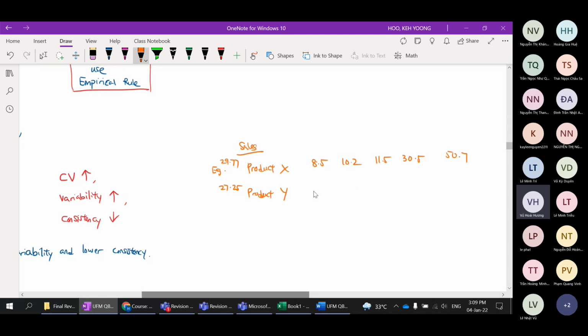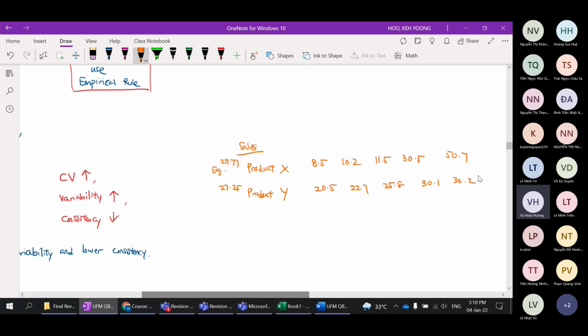That means the data for product Y could be 20.5, 22.7, 35.8, maybe 30.1, 30.2.